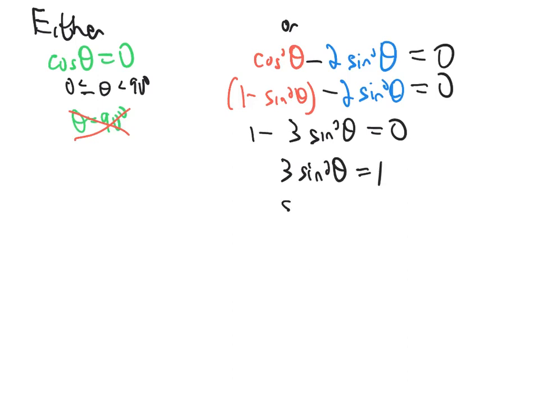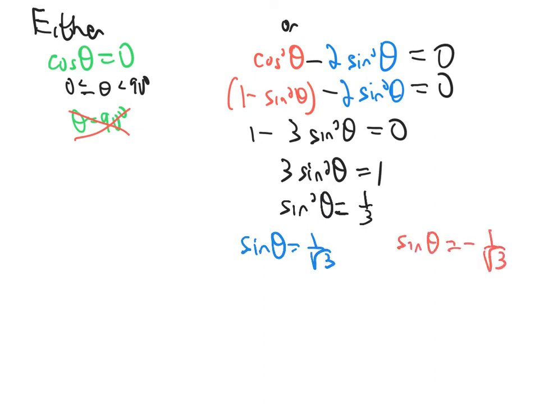This means that sine squared theta is 1/3, which has two possibilities. When we take the square root, we have two possibilities, that sine of theta is 1 over root 3, or sine of theta is minus 1 over root 3. However, we are still in the first quadrant between 0 and 90 degrees, and sine is never negative in that quadrant, so therefore this is also not a physically meaningful solution.